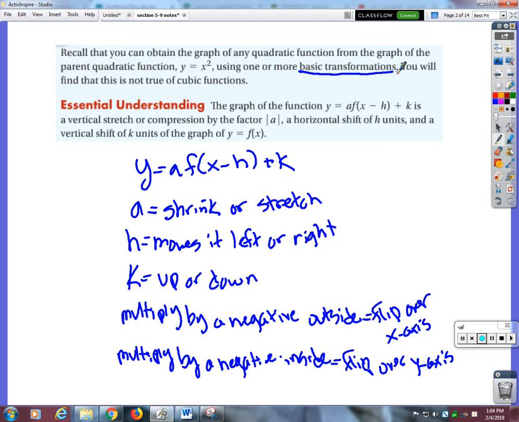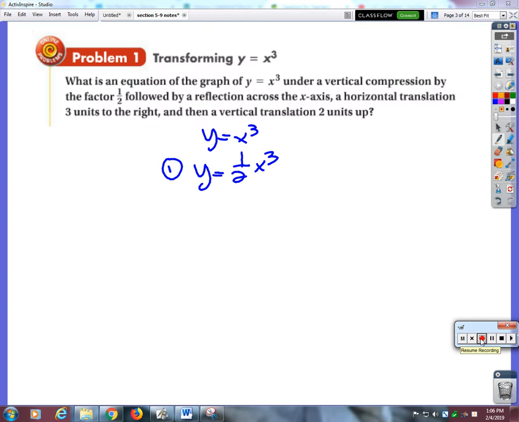Just, I guess, to show that these same rules apply to these types of functions as well. Right. But this is the end of the chapter. This is kind of the wrap up. This isn't like we're starting a new thing.